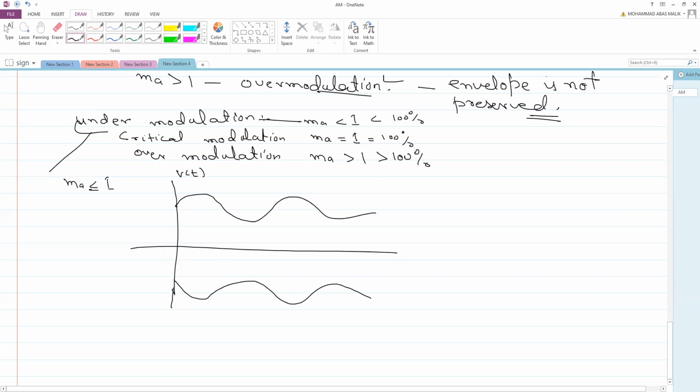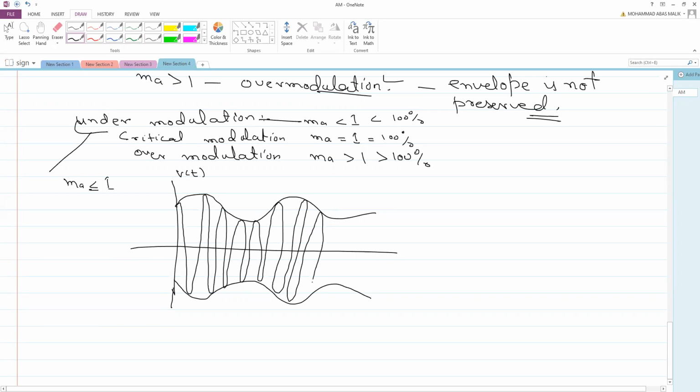So this will be your carrier, a sinusoid in between these two envelopes, right?